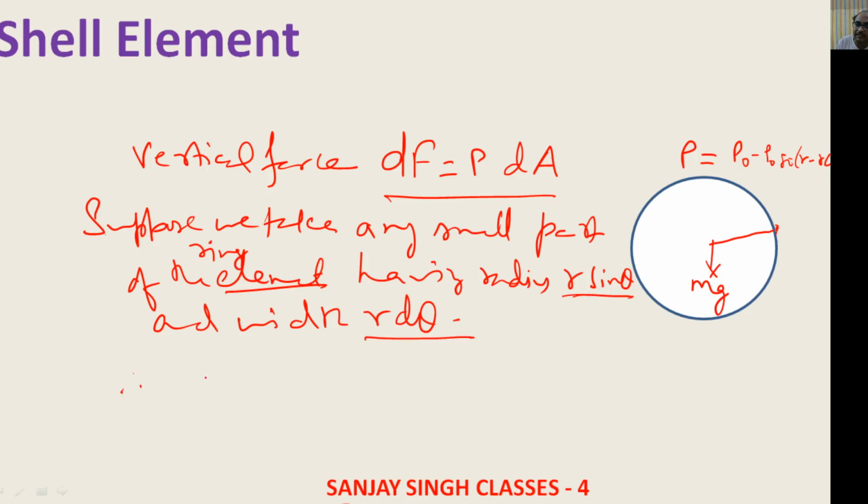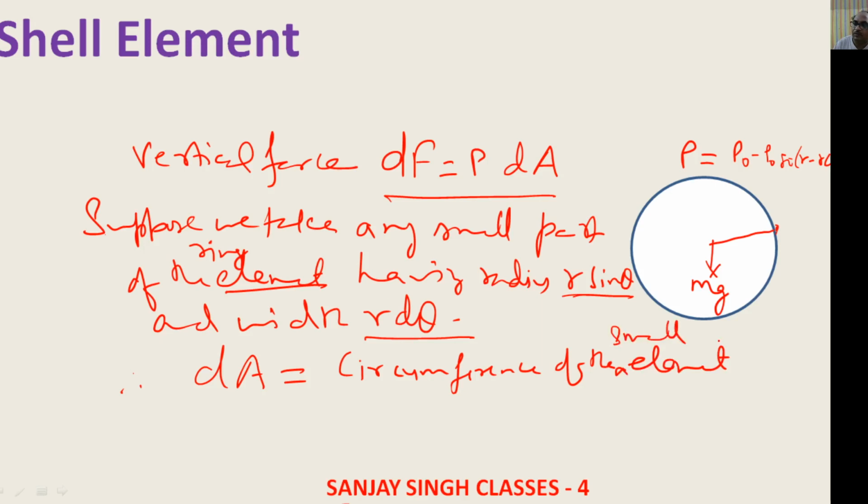Then dA of the element will become the circumference of the small element into the width of the element.